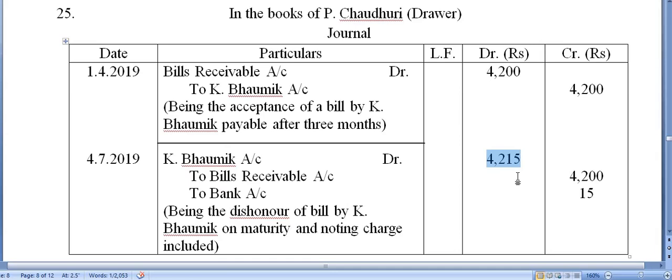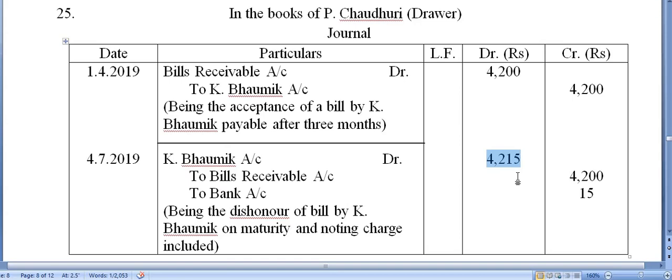Now why will it be increased by 15 rupees? Because the noting charge was paid by P. Chowdhury. To notify K. Bhaumik that he dishonored the bill on maturity, you are supposed to make the payment on maturity. The noting charge was actually paid by P. Chowdhury, so K. Bhaumik is now supposed to pay that noting charge also to P. Chowdhury.